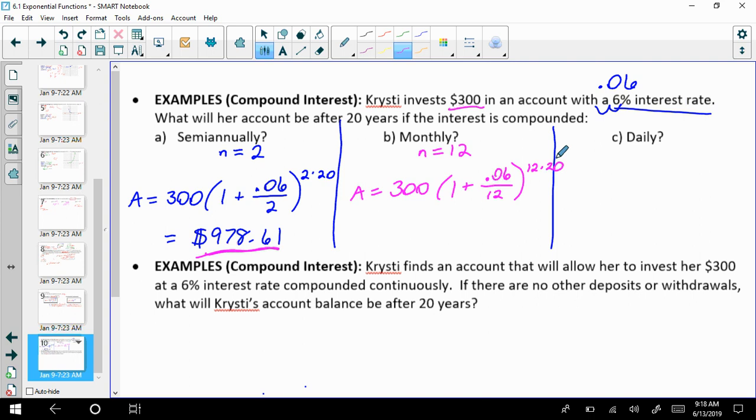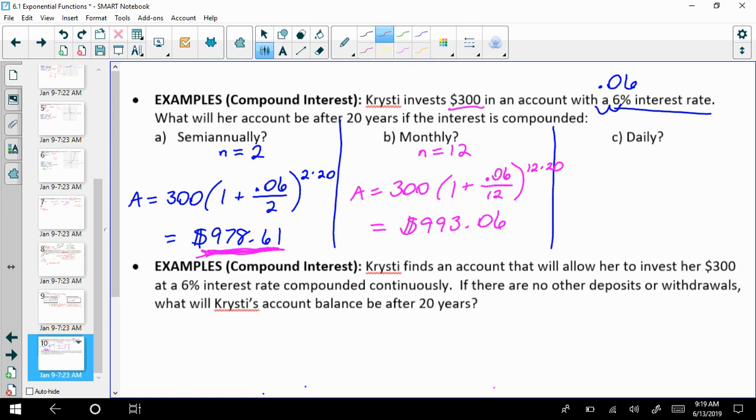So this answer, in theory, should be bigger than the first one because I'm building on it more often. If we enter this in, you should get $993.06. So even bigger.